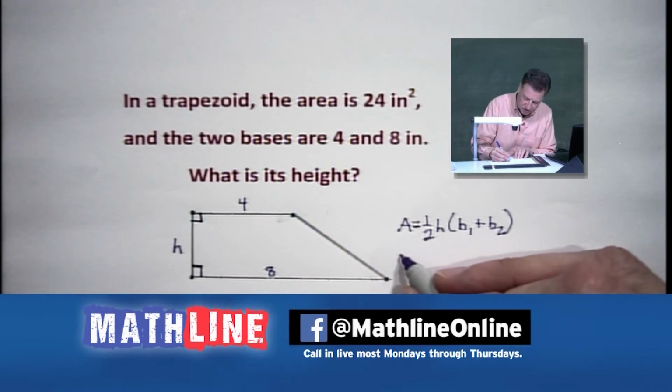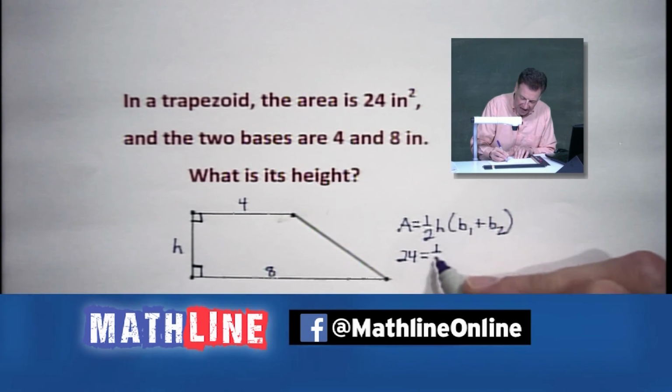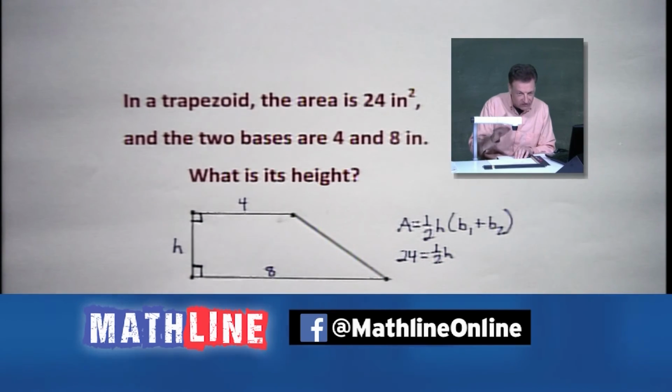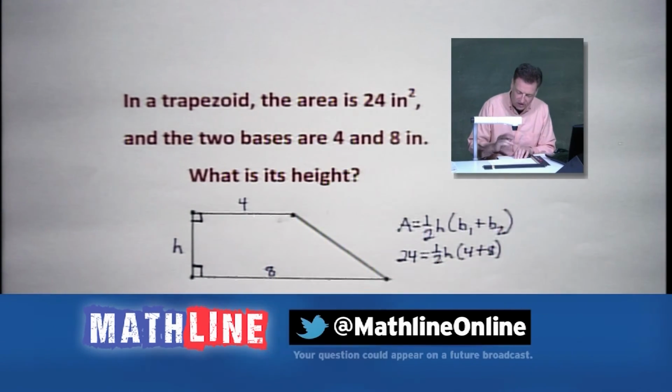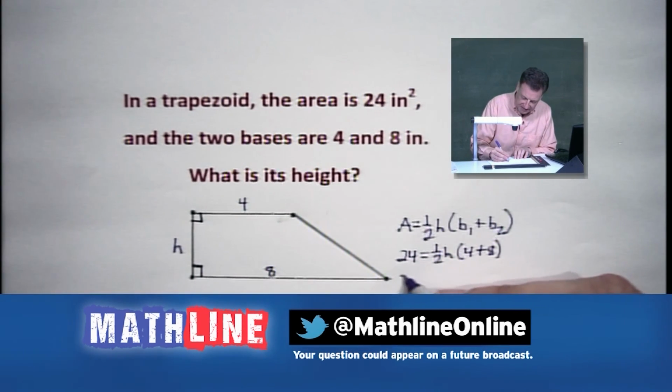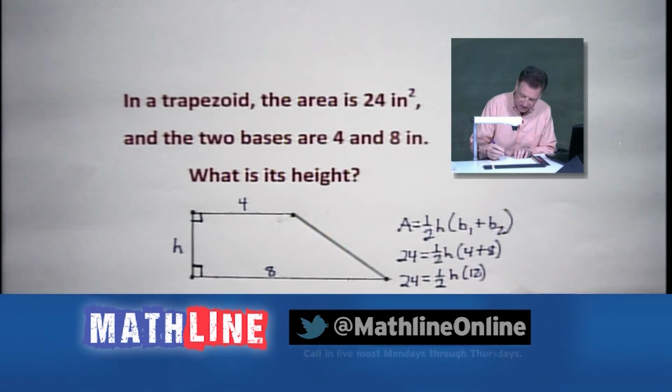So let's do some quick substitutions. Put in A is 24. Half of H, we don't know what it is yet, but we'll figure that out. We can certainly put in 4 plus 8, and that's 12. So we have 24 equals 1/2 the height times 12. Let's go ahead and take half of 12.